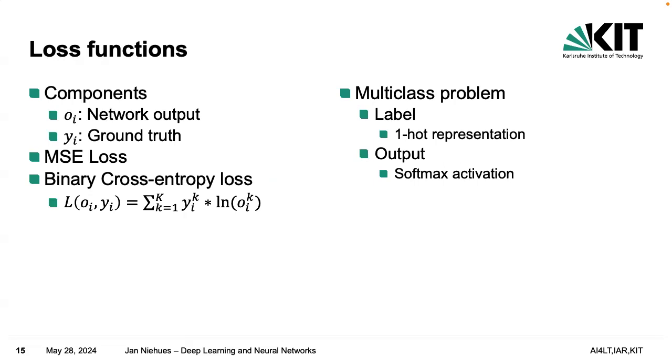Then, of course, there is also the challenge that we're not always having binary classification problems. Often we have multi-class classification problems. In this case, we already learned how we represent the label, in the same way as we represent our input, with this type of one-hot representation. And it was important that we represent the output of the network. We can do that using the softmax activation. So how does that work?